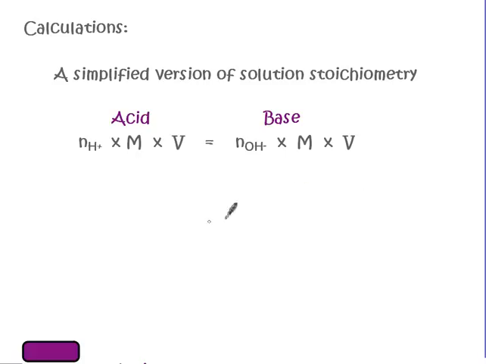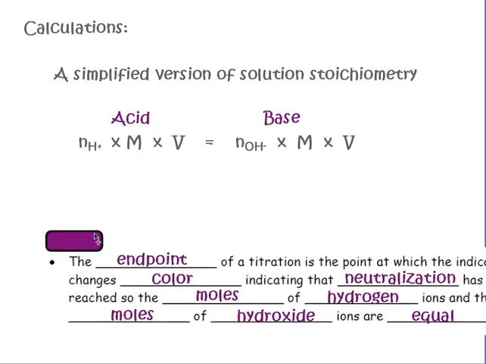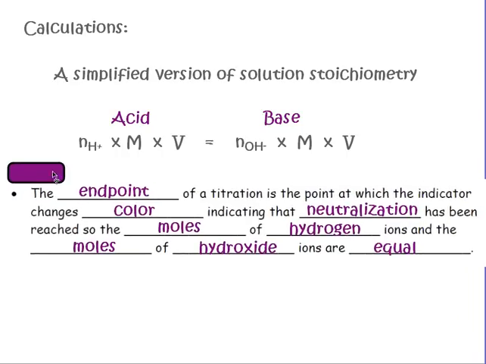All right, let's see, what have I got down here? Some more terms about a titration. One question might be, when you're doing this, and this is something we do in lab, how do you know when the number of moles of acid and base are equal to each other? We use what's known as an indicator. An indicator is something that changes colors when it's in the presence of either an acid or a base.